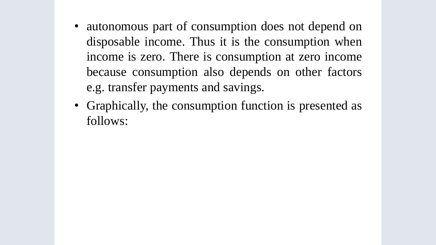Now the autonomous consumption is simply consumption when income is zero. So consumption can also depend on other sources of money apart from the income that you earn from proper employment. It can depend on savings and transfer payments.